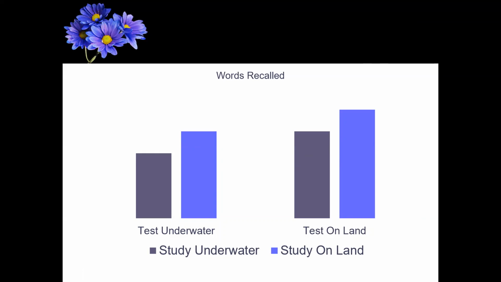What about studying underwater? Well, that also seems to be harder, right? If we just compare the average of these two to the average of these two, it's again lower, suggesting that there's a main effect of study type, so study location. Studying underwater is harder, and testing underwater is also harder.